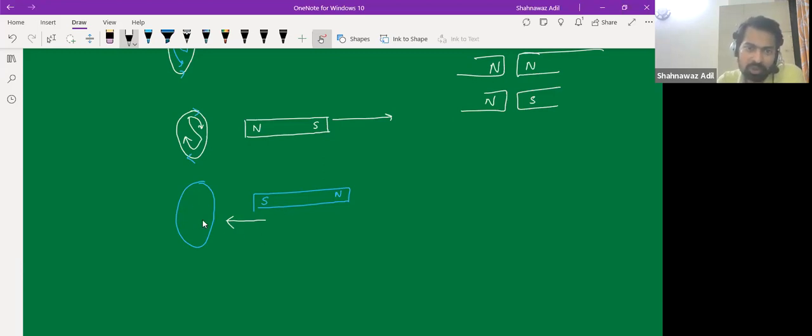So what pole should be generated here? Mariam is saying north. Your voice is very faint. What did you say, north or south? North.